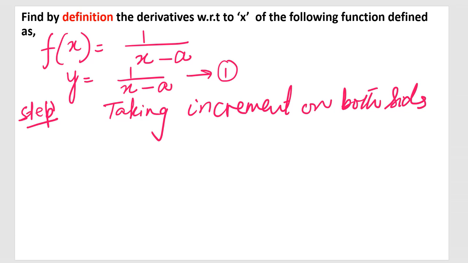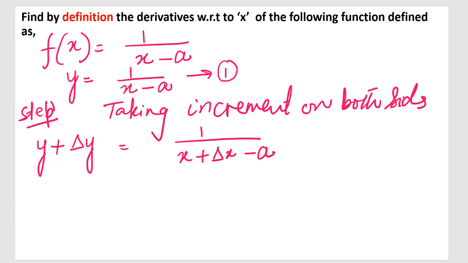Here is y, so we have to add delta y, where delta means change. We have x here, so we have to add delta x here, not delta y, and minus 1.